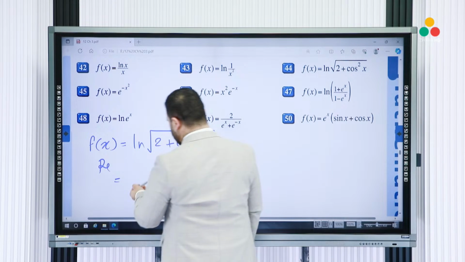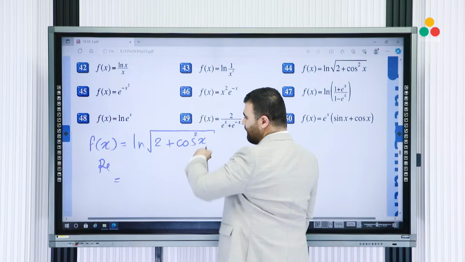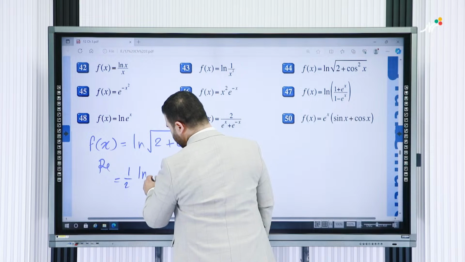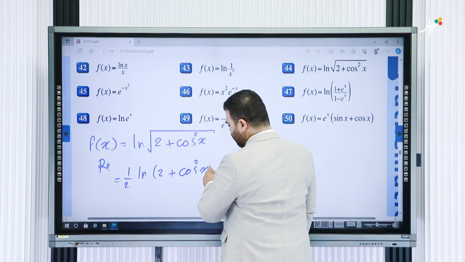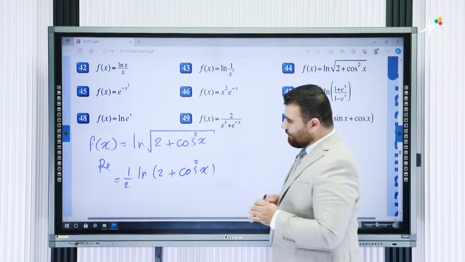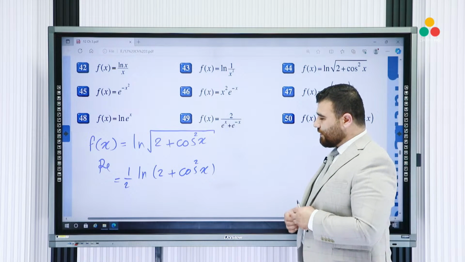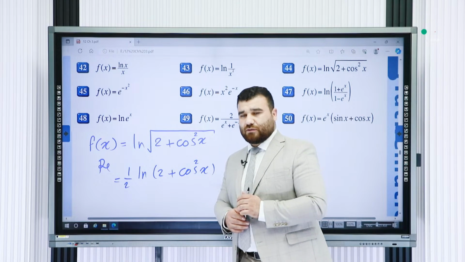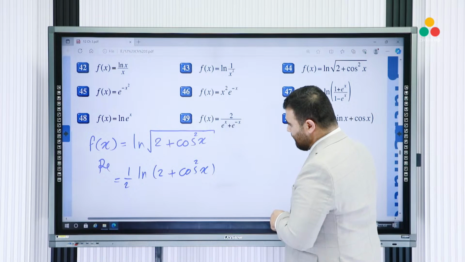So this whole thing becomes power 1 over 2, and as a property of ln, power goes to the front, so it will be 1 over 2 ln(2 plus cosine squared x). Okay, now the function looks easier. Dealing with this is easier than dealing with this. Now, using the rule of ln, the derivative is 1 over this times the derivative of this.